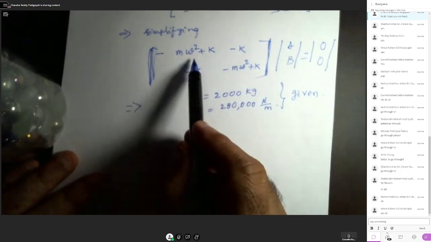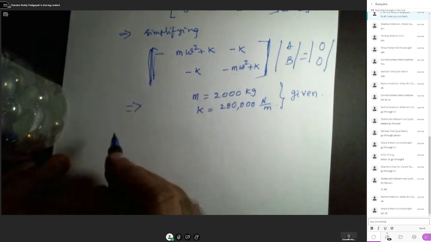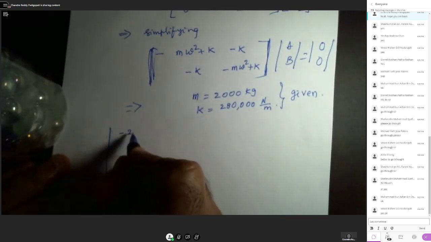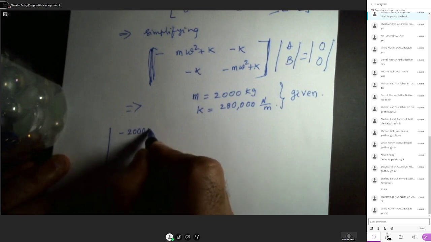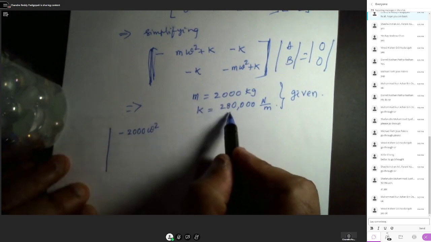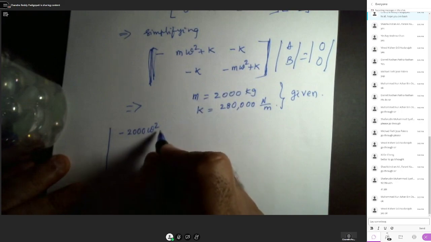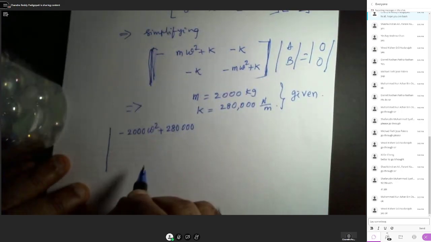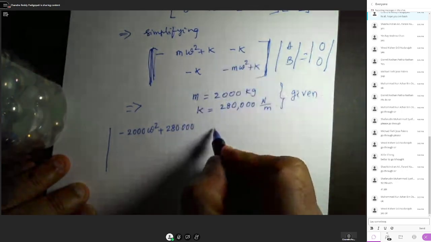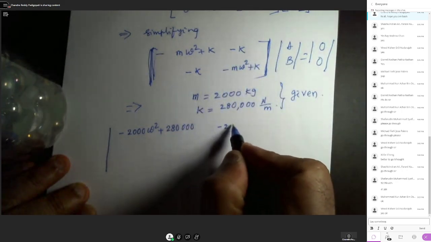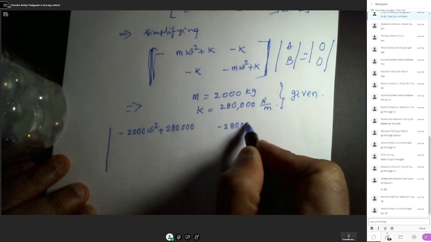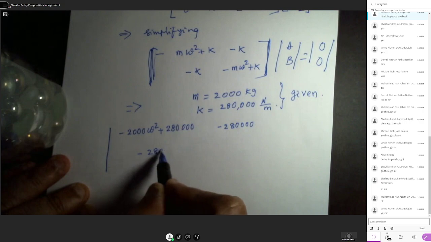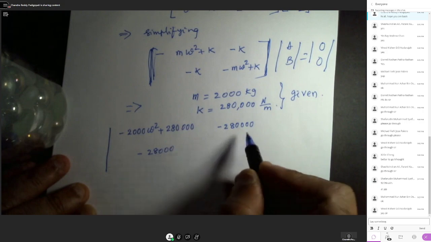Now substitute these values into the determinant. m I replace with 2000 omega square, k I replace with 280,000, and minus k is negative 280,000.